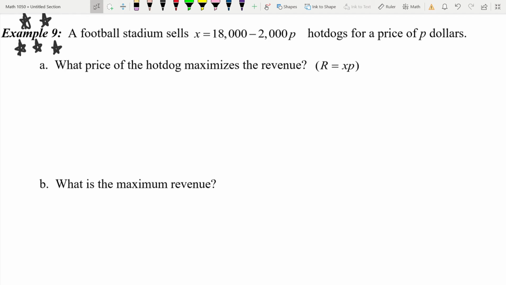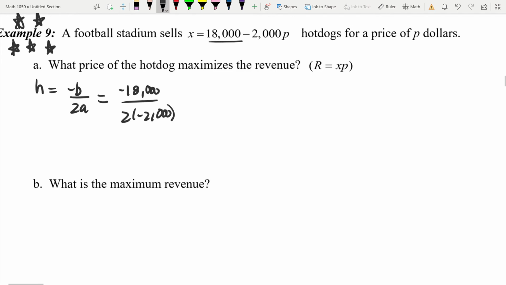Look, a football stadium sells X amount of hot dogs for a price of P dollars. What price of the hot dog maximizes the revenue? Watch me do this. Watch. H is negative B over 2A. That's negative 18,000 over 2 times negative 2,000. That's 18,000 divided by 4,000, which gives me 4.5.